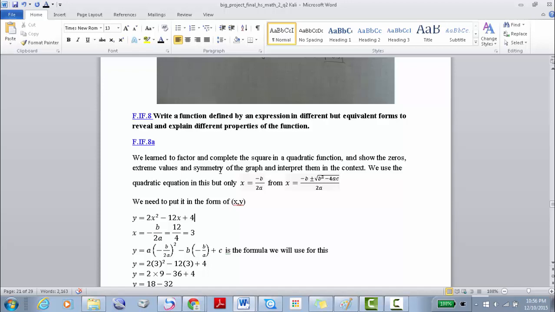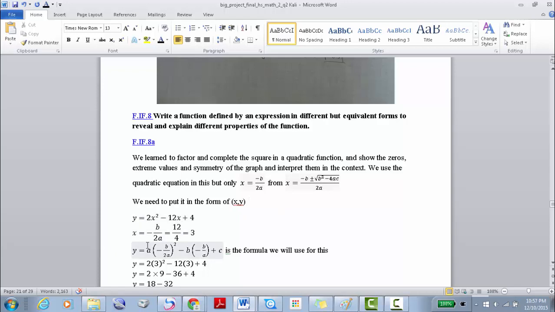We use the quadratic formula again, but in this we only use the beginning part, which is negative b over 2a, and this is the full formula. We need to put it in the form of coordinates, which is x, y.